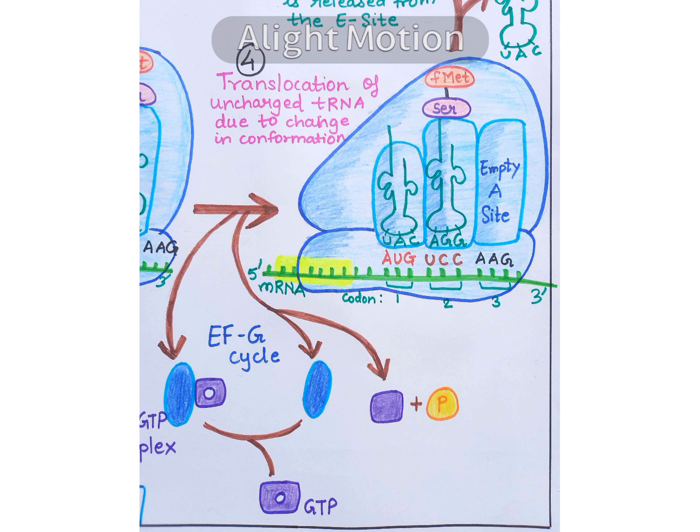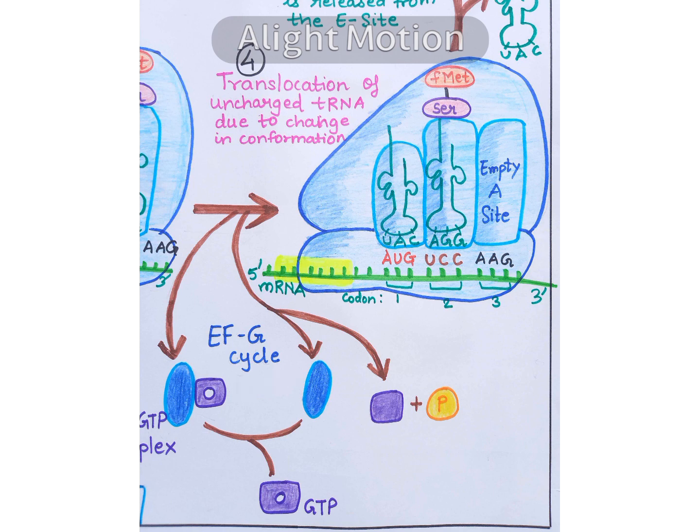Translocation. In this step of the elongation cycle, the ribosome moves one codon along the mRNA towards the 3' end. In prokaryotes, the translocation requires the activity of another protein elongation factor, that is EF-G. An EF-G-GTP complex binds to the ribosome.